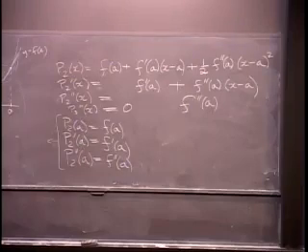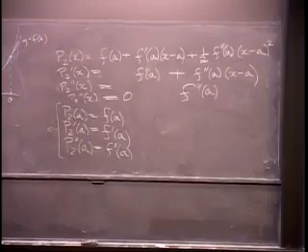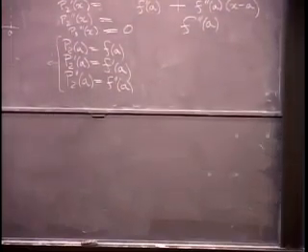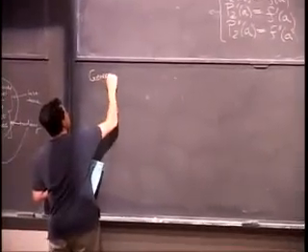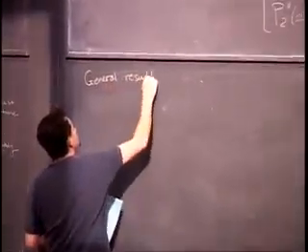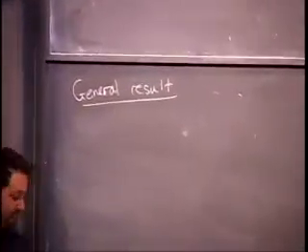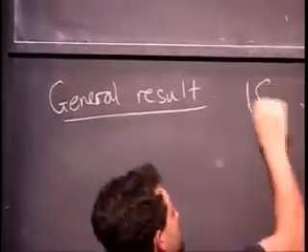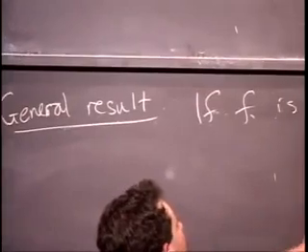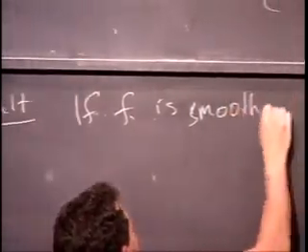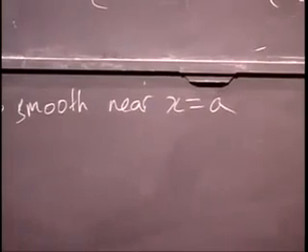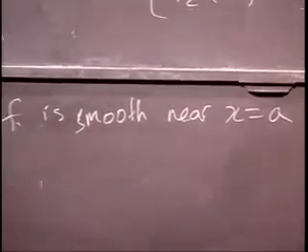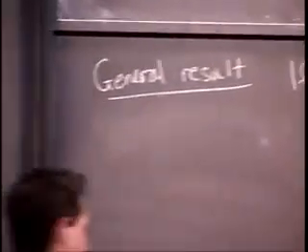So let me give you the general case then. We'll extend the pattern, and so here is the general result. This is our first main point. This is like the first big thing that I'm telling you. If f is smooth near x equals a, by which I mean not only does it have a derivative, but a second derivative, third derivative, fourth derivative, any number of derivatives that you like, let's just say.